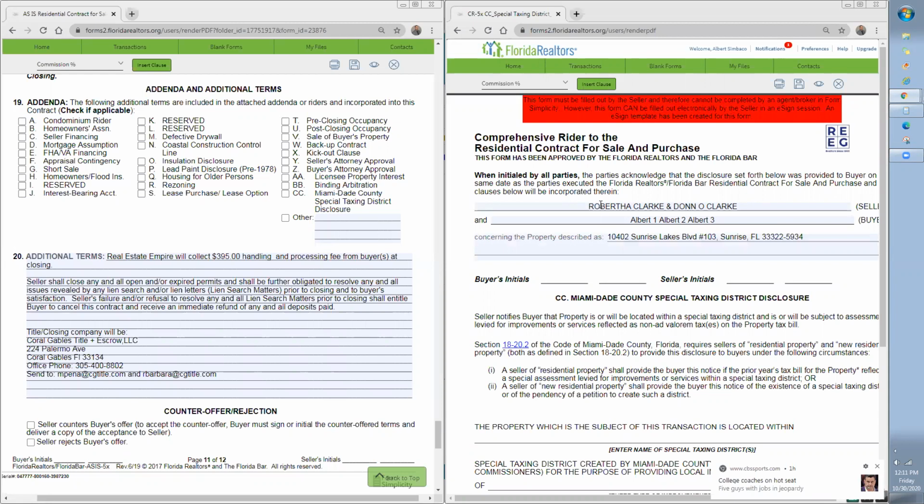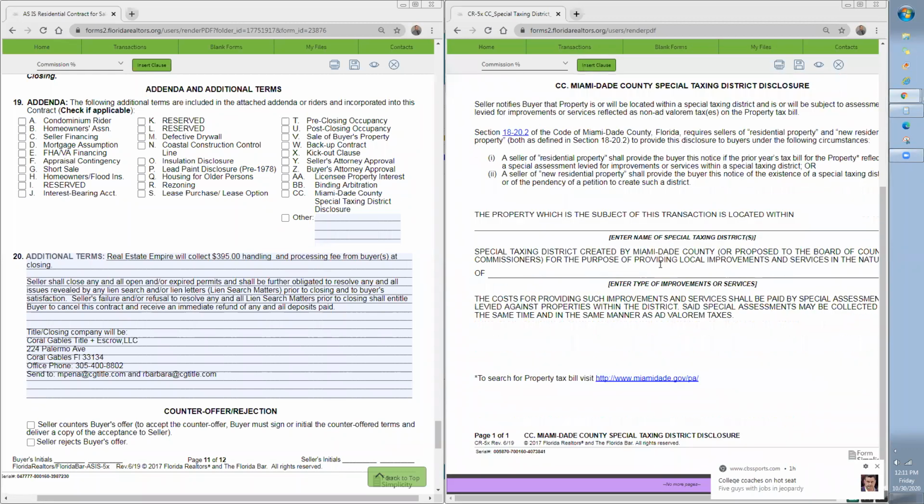It could be a tax for lighting. It could be a tax for trash. It could be a tax for paving the road. It could be a tax for beautifying a park, right? But it's not a special assessment. It's just a tax. How do you know if the property you're purchasing has that special assessment?